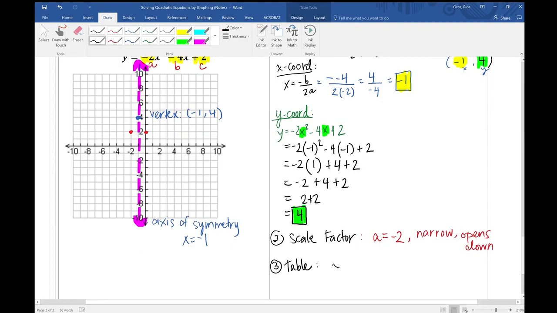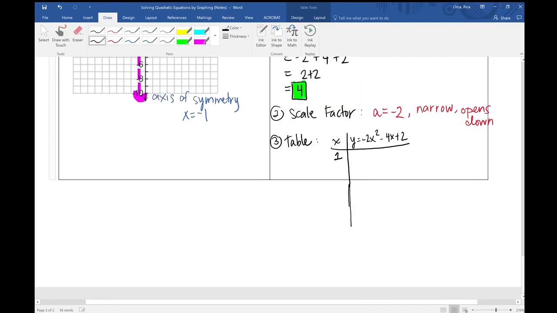So for my table, it's going to be x and y. y equals negative 2x squared minus 4x plus 2. For my x value, I want to extend my parabola, so the next number on the right side of my point is 1, x equals 1. Let's take that x value and plug it into our function.